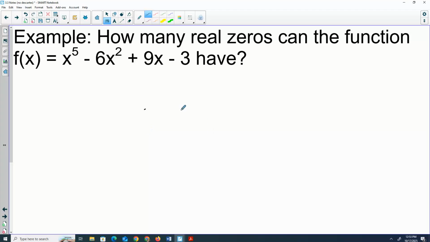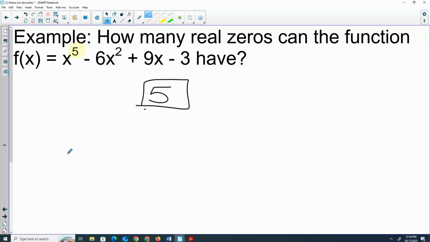We've been talking about it on every problem, but the degree, the highest power, is the number of zeros. Now, that doesn't mean there are necessarily 5 real zeros. It could be a combination of real and imaginary, but there are 5 zeros that exist. So your highest power is your number of zeros.